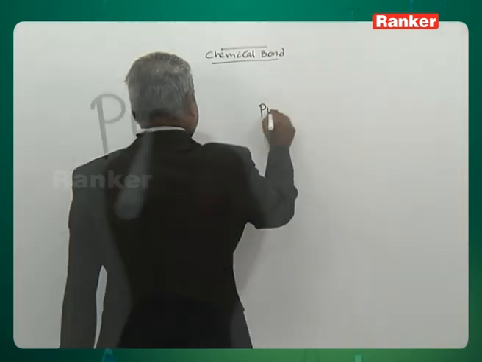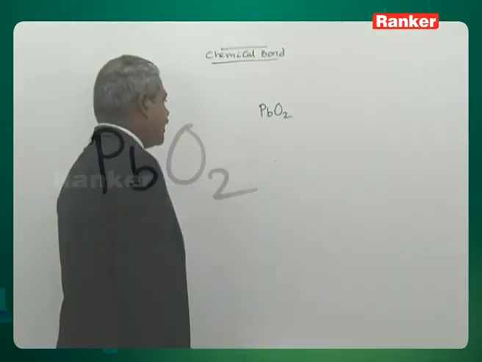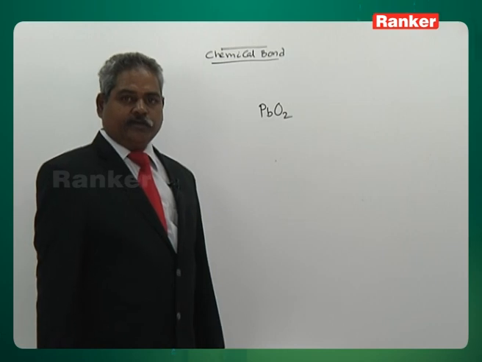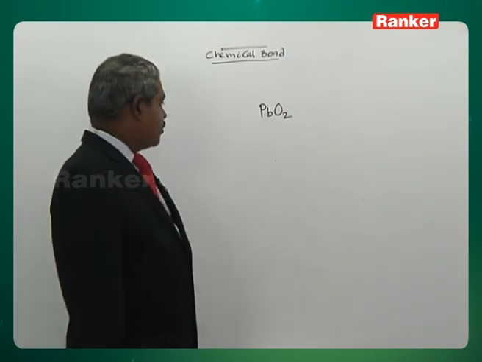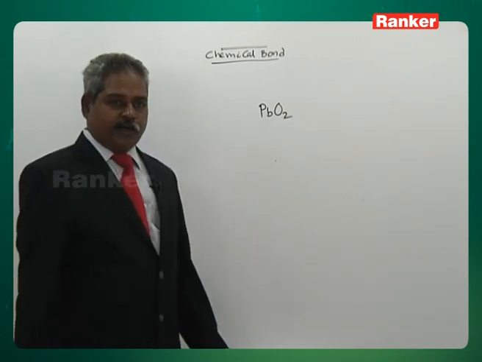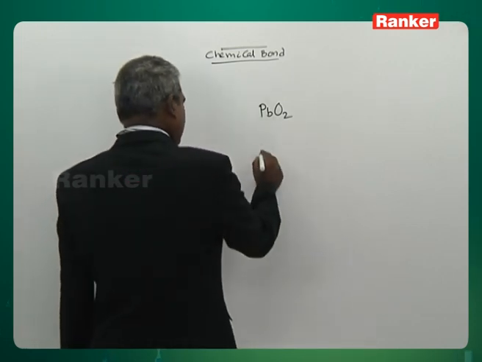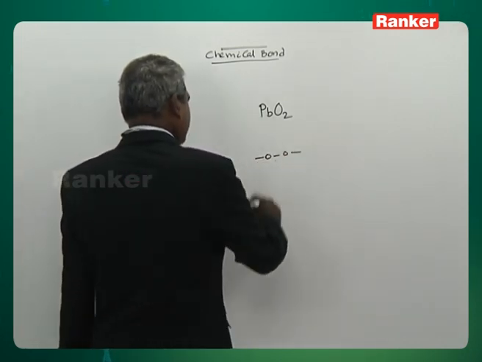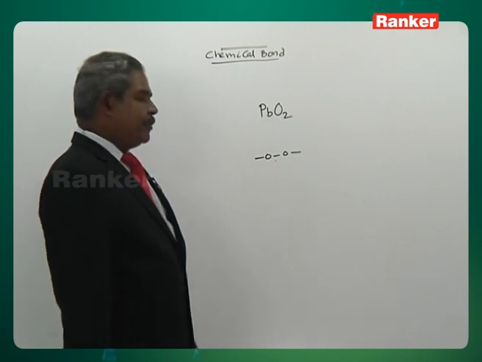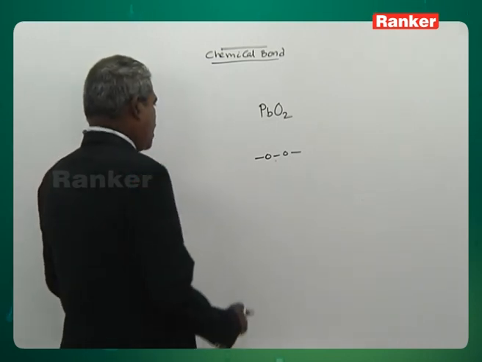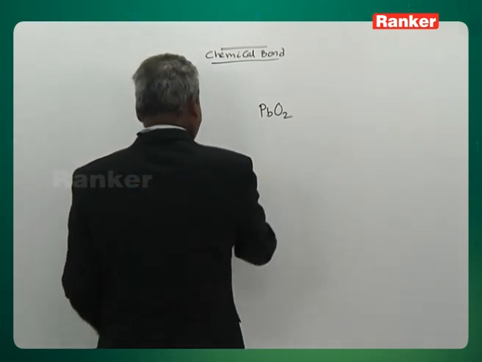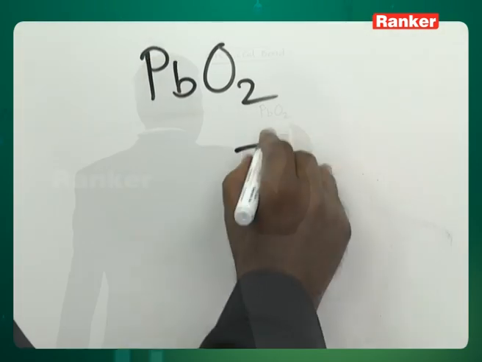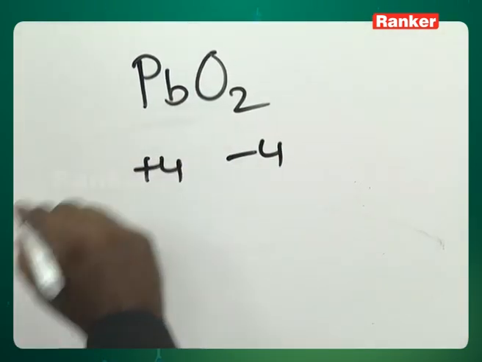PbO2. It was also called lead peroxide in the old days, but strictly speaking, it is not a peroxide. Because if it is a peroxide, it contains an oxygen-oxygen single bond. There will be one bond between oxygen and oxygen. Okay. PbO2. Give -2 to oxygen, -4. Lead, +4.